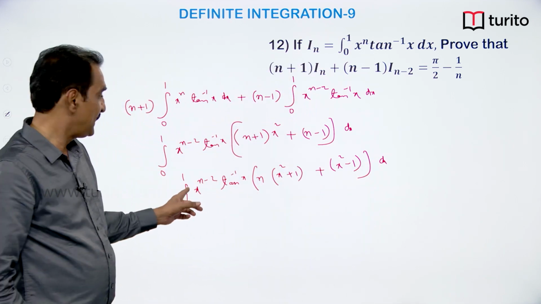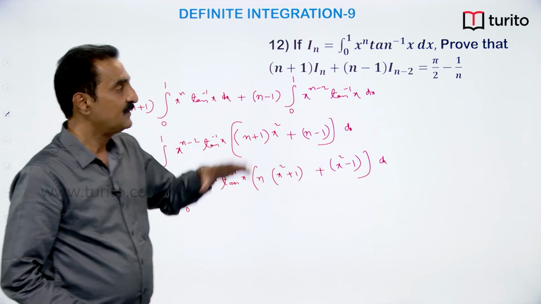Okay. Now, multiply it inside and calculate the integral. You will get pi by 2 minus 1 by n.